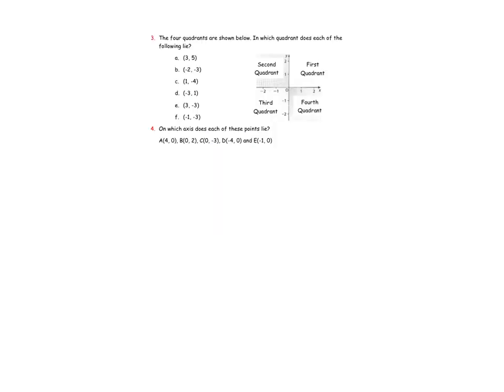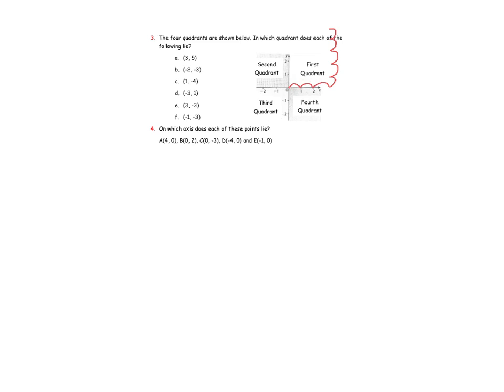Question 3 says the 4 quadrants are shown below. In which quadrant does each of the following lie? So we have (3, 5). So I'm going to do the first one for you. If you look at 3, we'd have to go across the x-axis 1, 2, 3 and up 5. So 1, 2, 3, 4, 5.